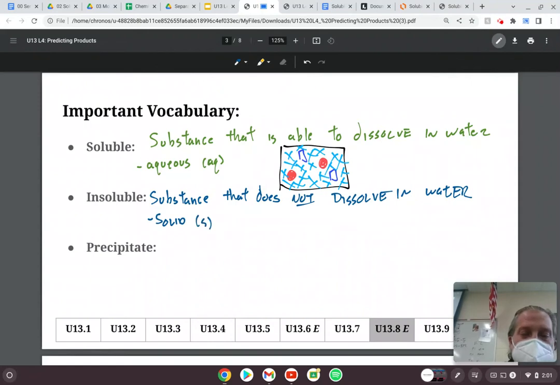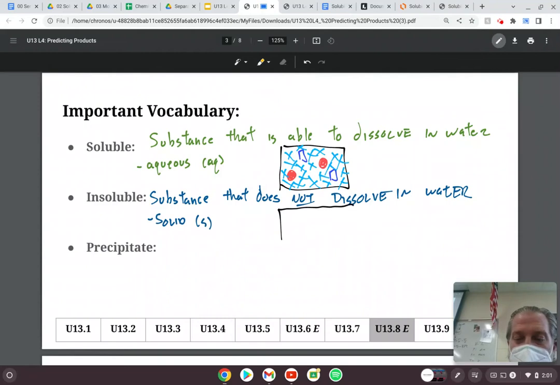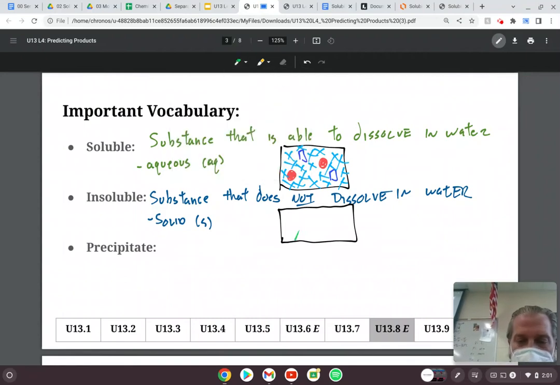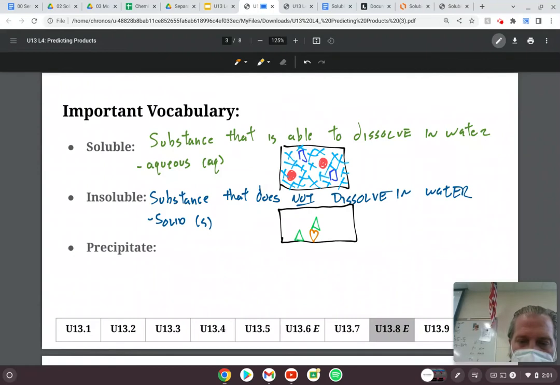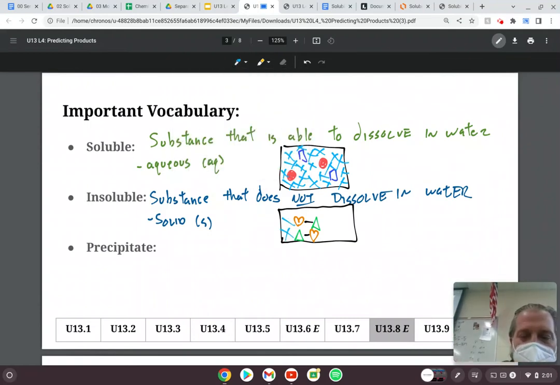So that's your S, right, for its state of matter. And so if I wanted to draw something that does not dissolve in water, I would draw something that looks maybe like this. Where they're bonded together, they're a solid, they're organized, and then we would just have our water surrounding it.